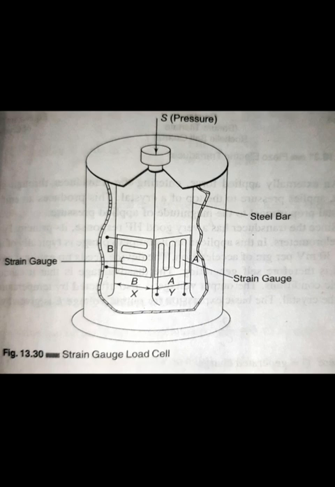The wire or foil in the strain gauge is arranged so that when force is applied in one direction, the tension force stretches the strain gauge, causing it to become thinner and longer, which increases the resistance. Compression force does the opposite. The strain gauge under compression becomes thicker and shorter, and the resistance decreases.